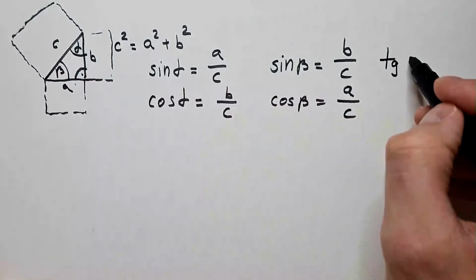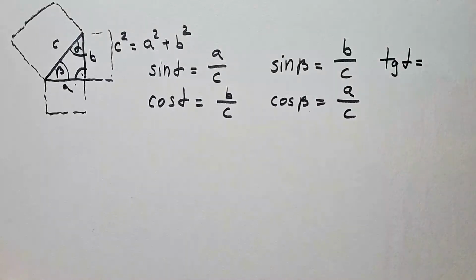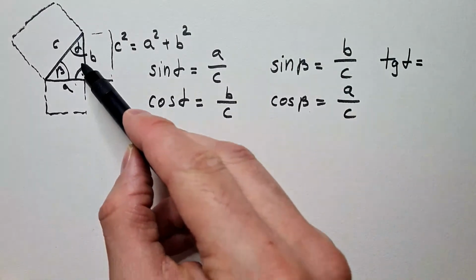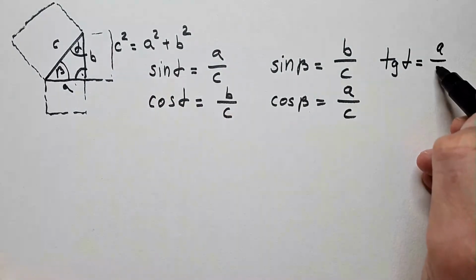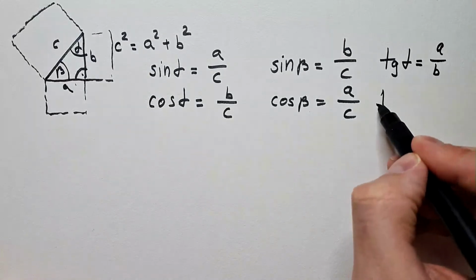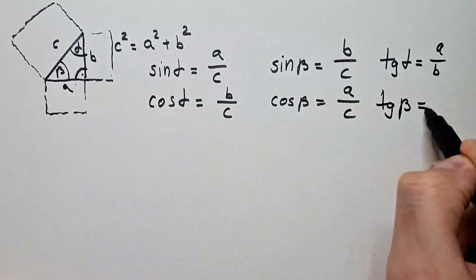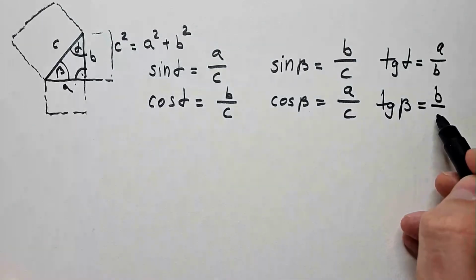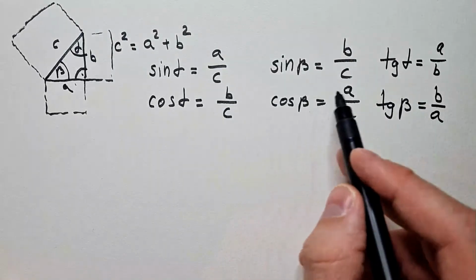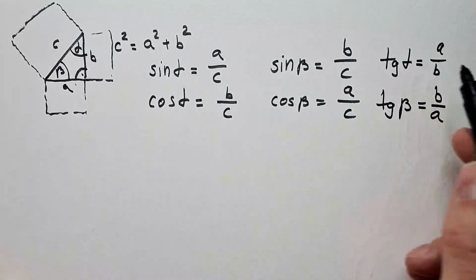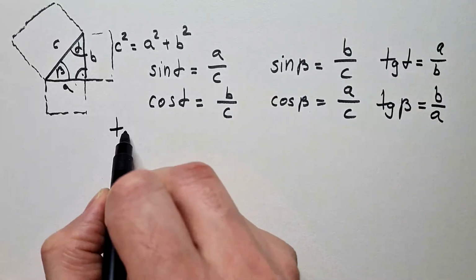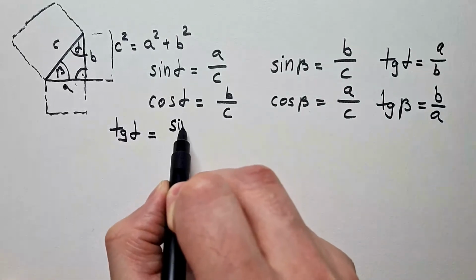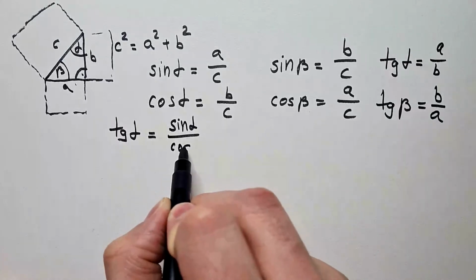We define tangent alpha as the opposite over adjacent, A over B. And likewise, tangent beta would be opposite, which is B, divided by the adjacent, which is A. I hope that you can immediately see that tangent alpha is also sine alpha over cosine alpha.